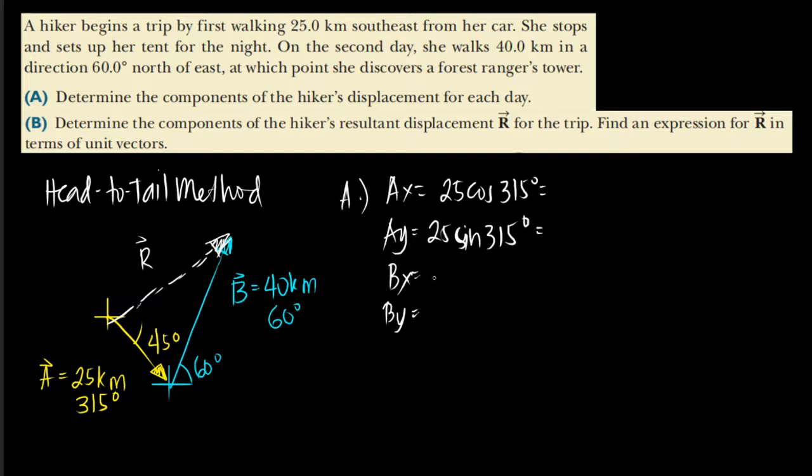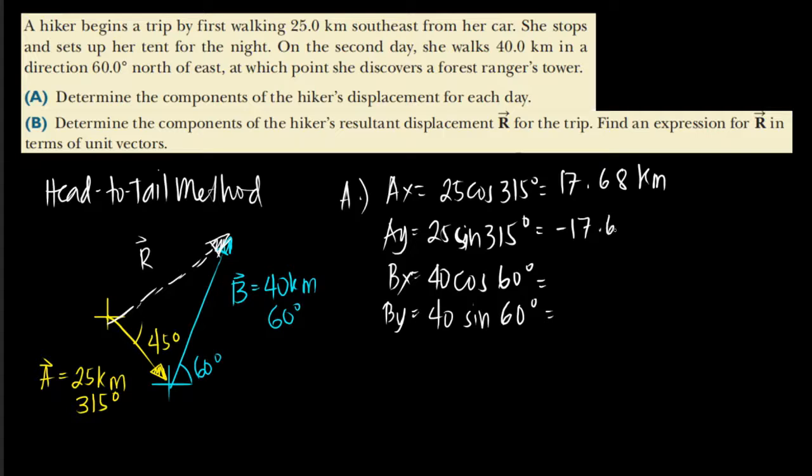For B, that's 40 cosine 60, and 40 sine 60. So you have your calculators and let's solve together. 25 cosine 315 is 17.68 kilometers. 25 sine 315 is negative 17.68.